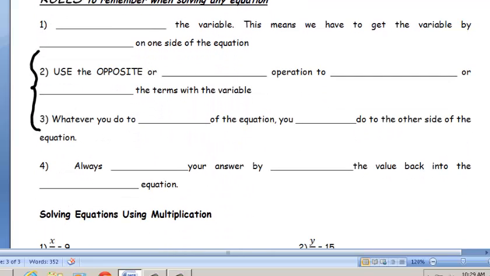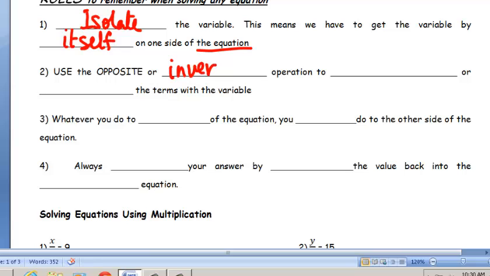Now, if you remember, these are the same rules from the previous lesson. Let's go ahead and refresh our memory. The first rule is to always isolate the variable, or to get the variable by itself on one side of the equation. We have to use the opposite or inverse operation to undo or eliminate the terms that are with the variable.